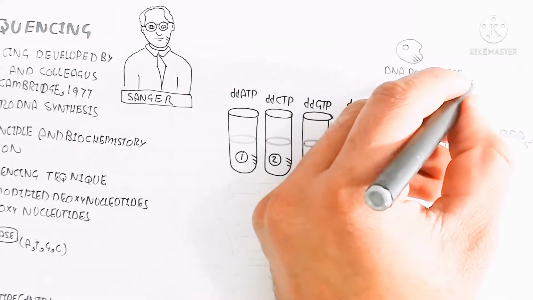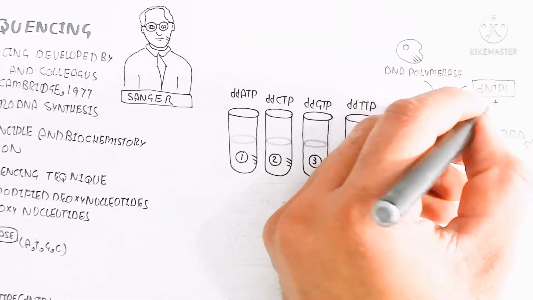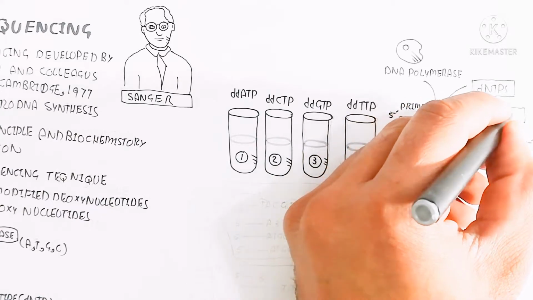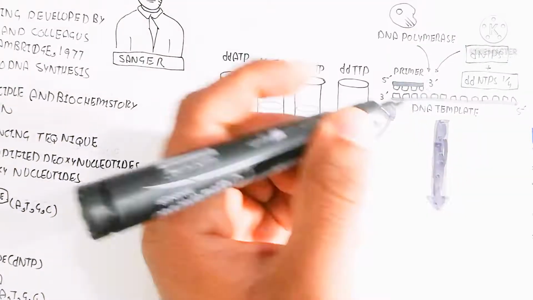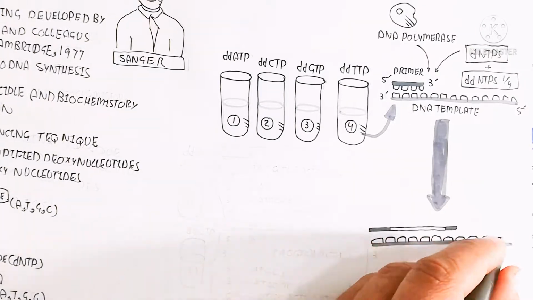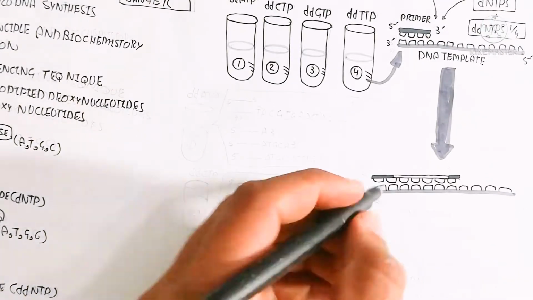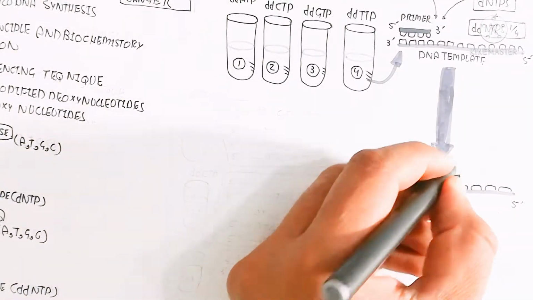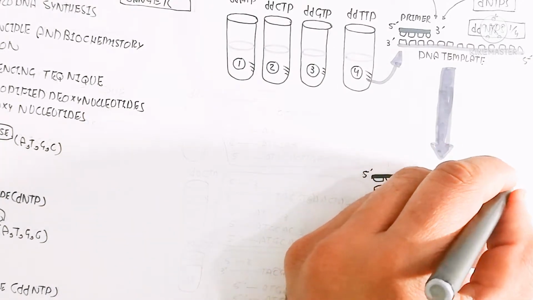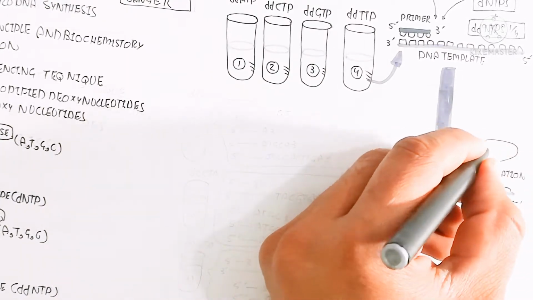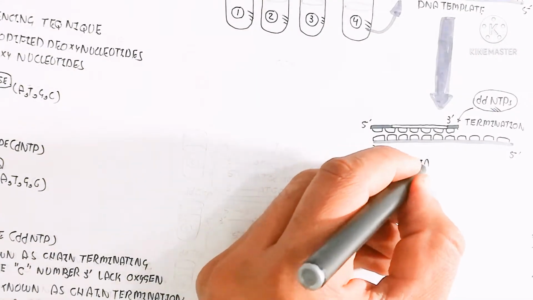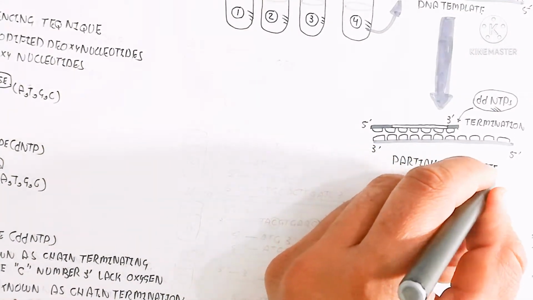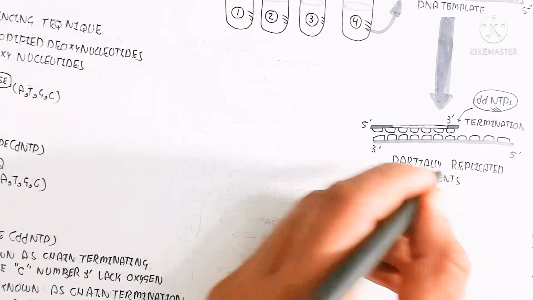The polymerase enzyme will bind, and the nucleotide will bind. Each reaction contains one type out of the four, so the termination will occur at the specific point where the complementary strand is synthesized.